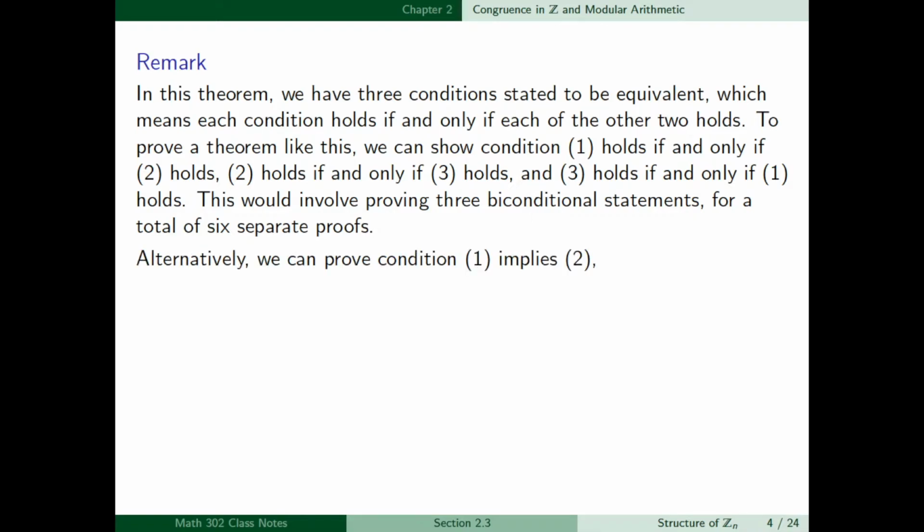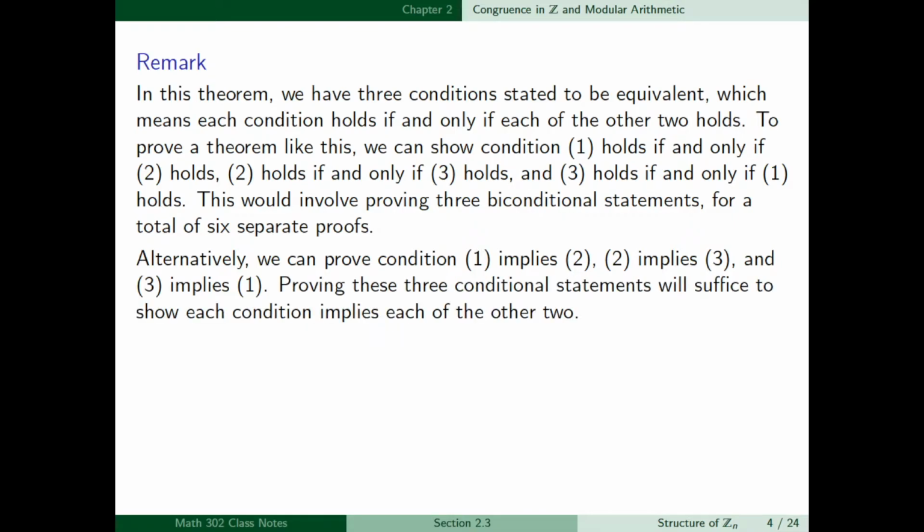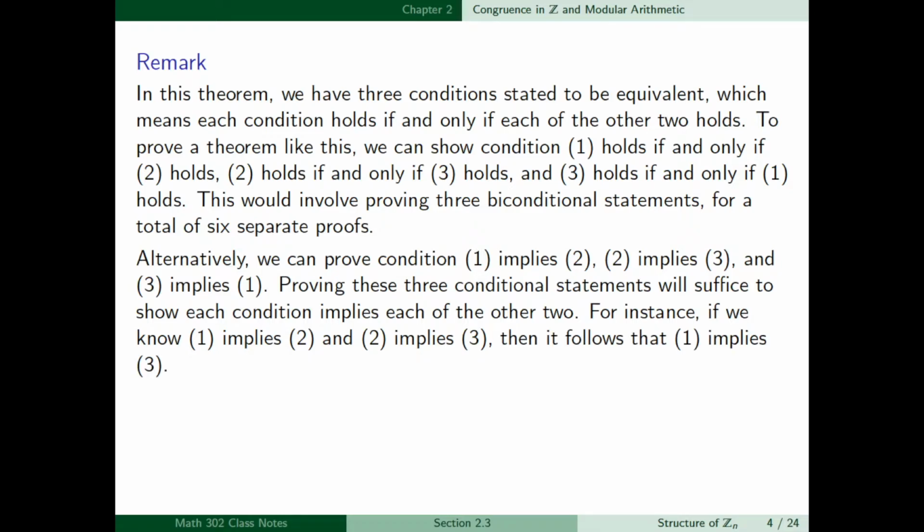Alternatively, we can prove condition 1 implies condition 2, 2 implies 3, and 3 implies 1. Proving these 3 conditional statements will suffice to show each condition implies each of the other two. For instance, if we know that 1 implies 2 and 2 implies 3, then it follows that 1 implies 3. In a similar manner, we can show each statement implies the other two.